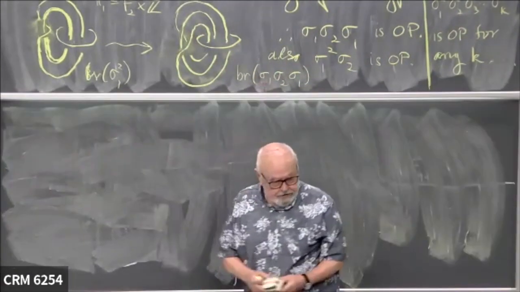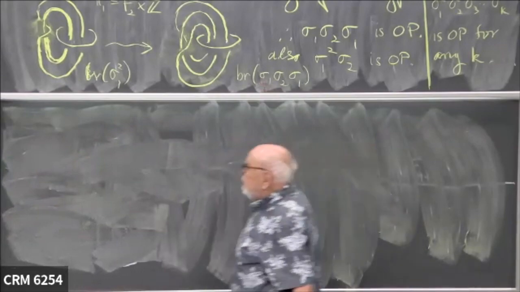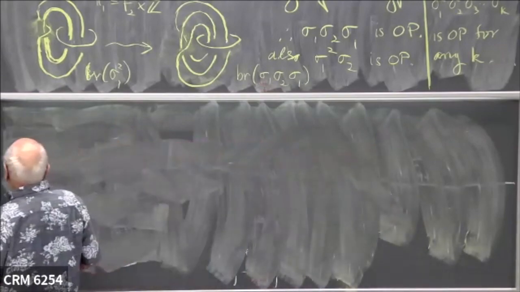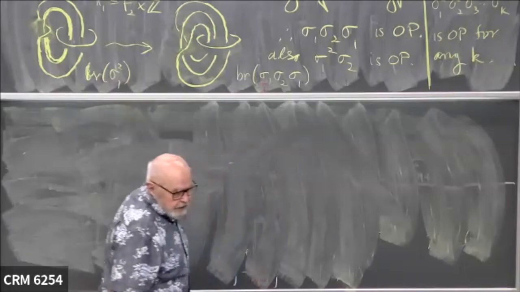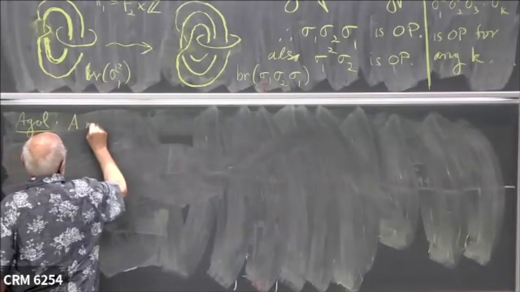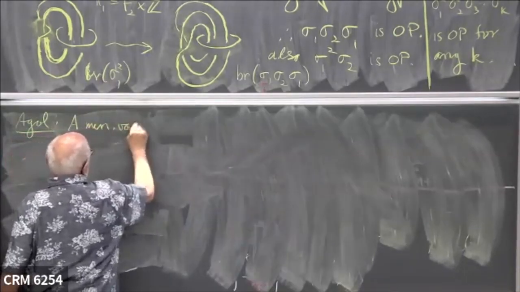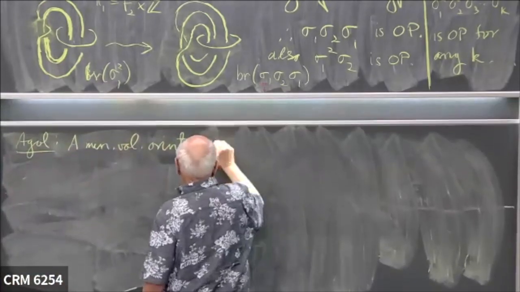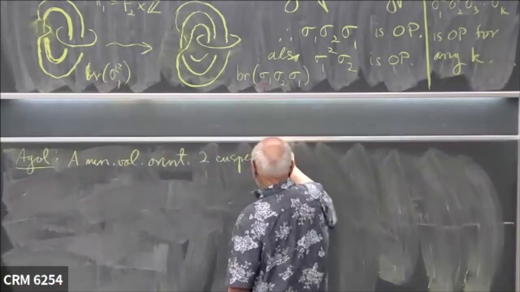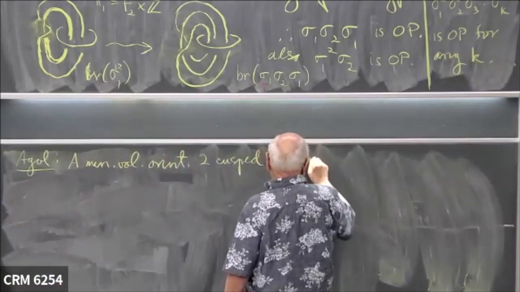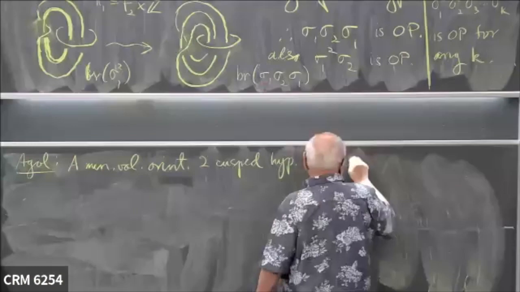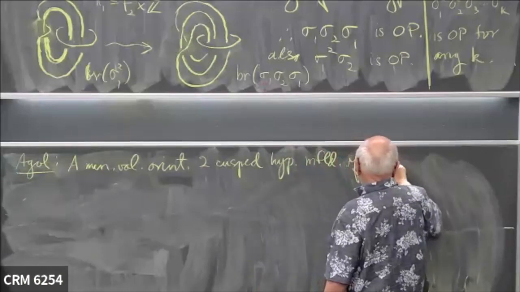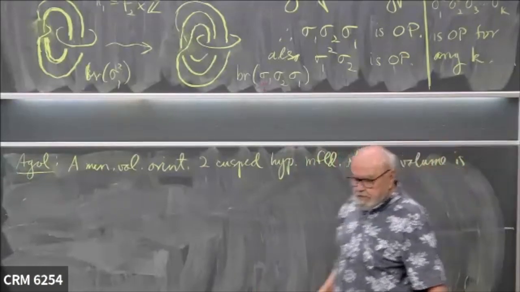Now let's get back to hyperbolic three-manifolds. According to Ian Agol, the minimal volume orientable two-cusp hyperbolic three-manifolds are one of two things.